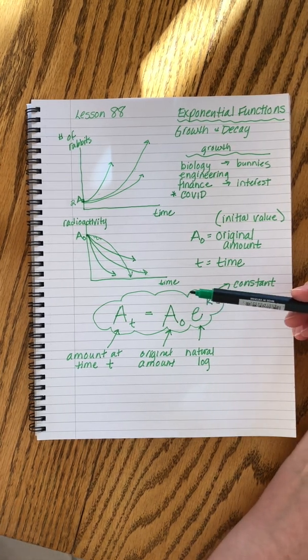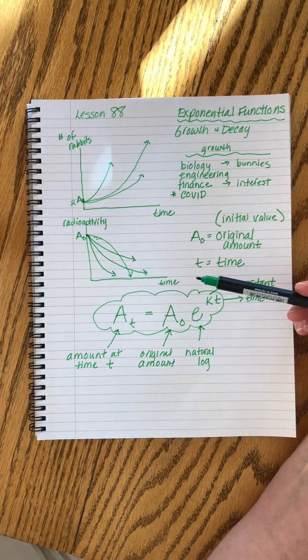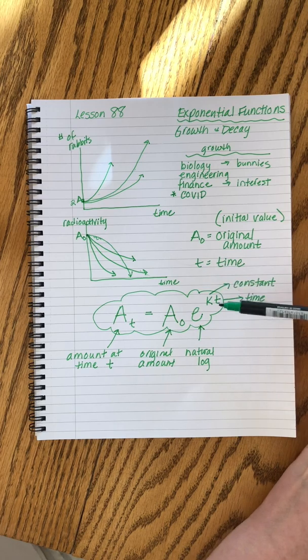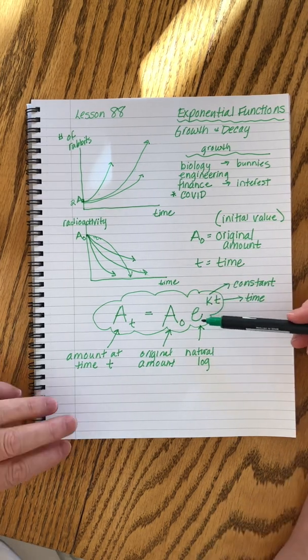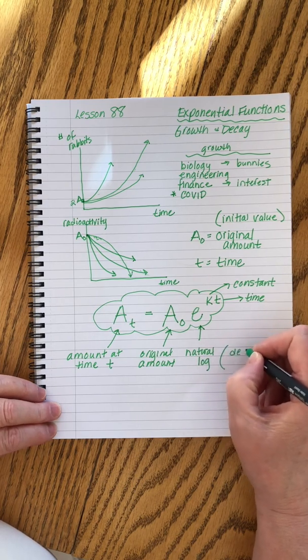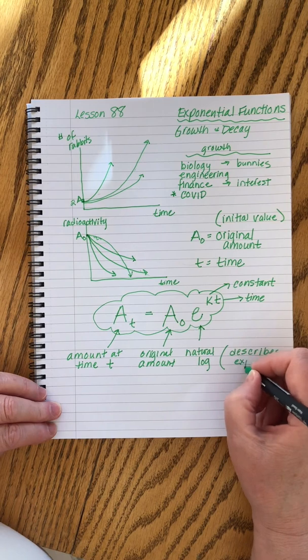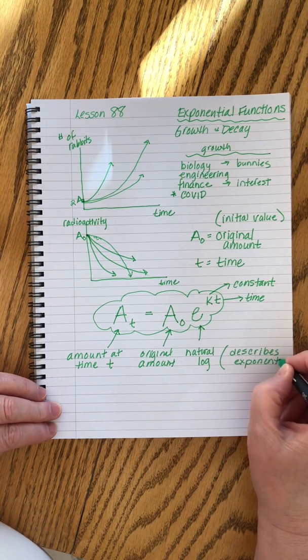We don't have to question that. If you're interested in finding out how that number was derived, I'm sure it's Googleable. But we're not going to get into the philosophy of that. We just know that e is the natural log that describes exponential growth.